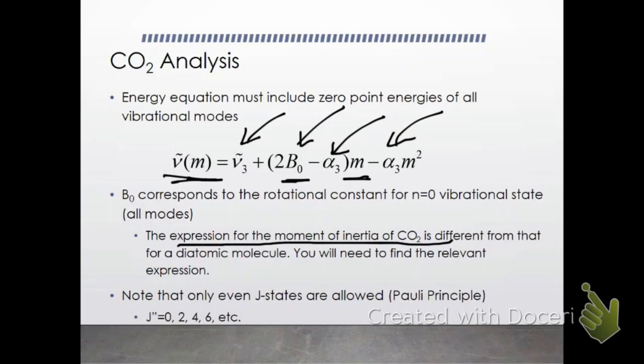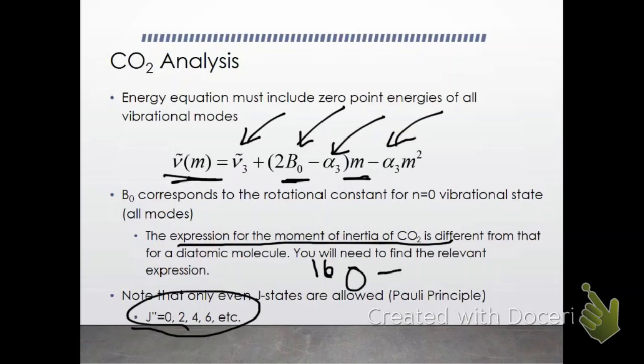The other thing that's important to note is that because of the Pauli principle, and you'll remember the Pauli principle as requiring that our wave functions be antisymmetric with respect to exchange of fermions, or electrons, because they are fermions, it also has an impact on symmetric molecules like CO2, which has a carbon with oxygen-16 on either side of it.